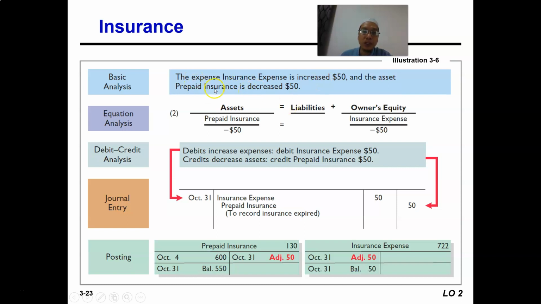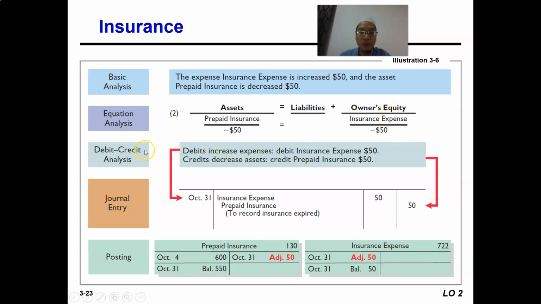So that will decrease our prepaid insurance. So this will be the equation analysis. Similarly, as in the case of the supplies, we reduce our prepaid insurance by $50 on the asset side, and we increase our insurance expense, but that will reduce our owner's equity.